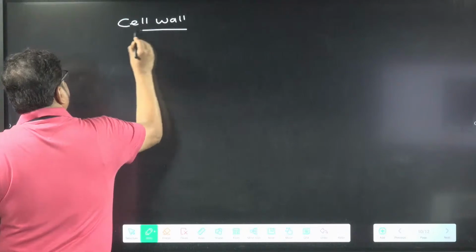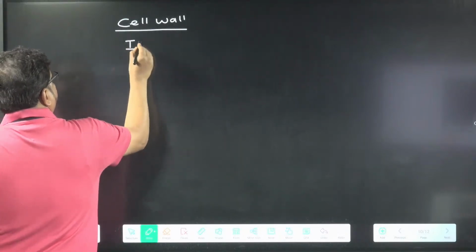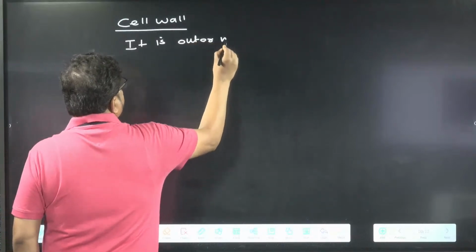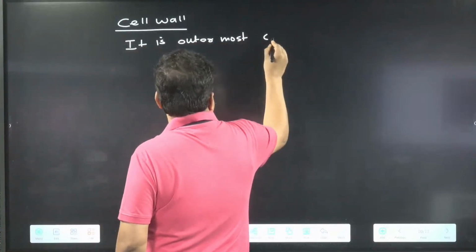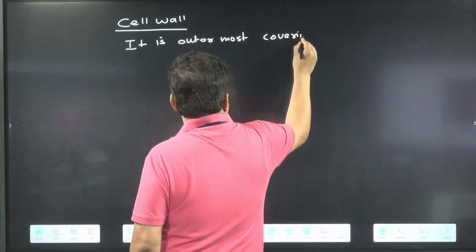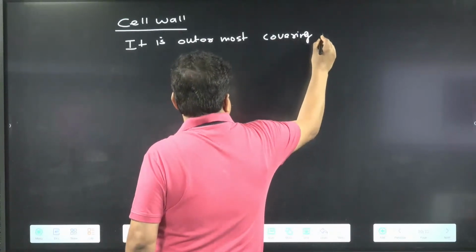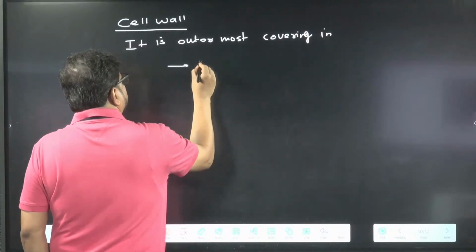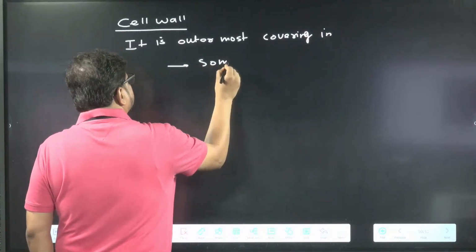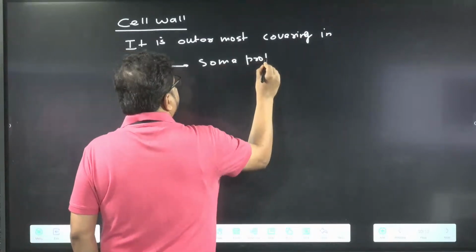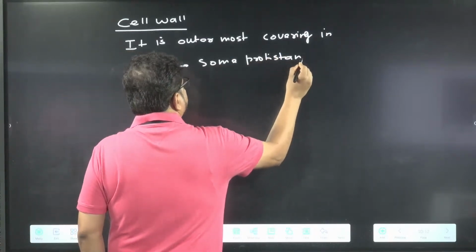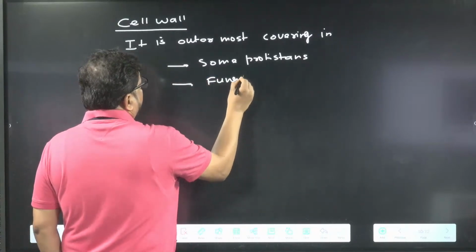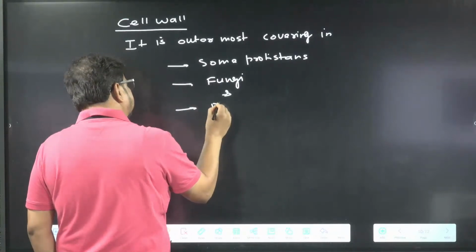The cell wall is the outermost covering in some protistans, fungi and plantae.